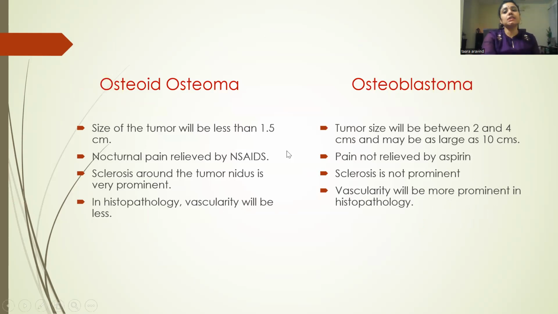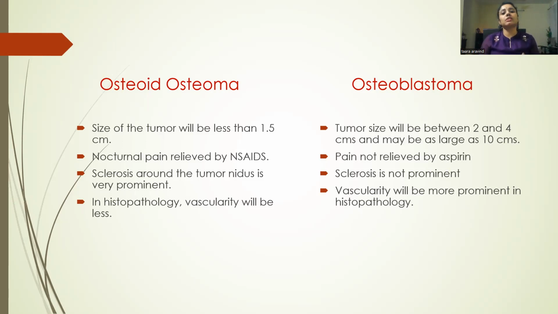So these are the differentiating features of osteoid osteoma and osteoblastoma. In osteoid osteoma, the size of the tumor will be less than 1.5 centimeters, whereas in osteoblastoma, the size will be much larger, between 2 and 4 centimeters, but can be as large as 10 centimeters.